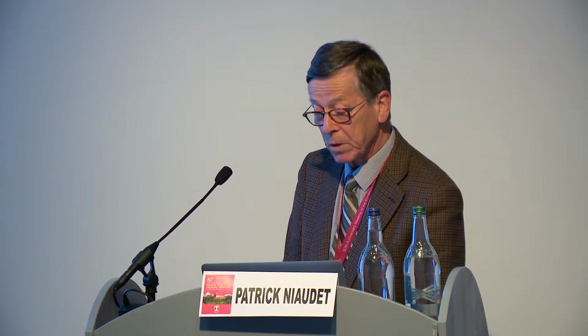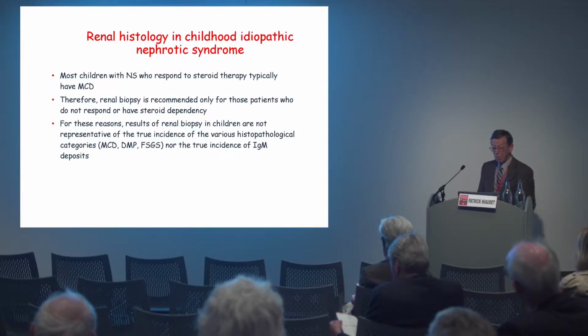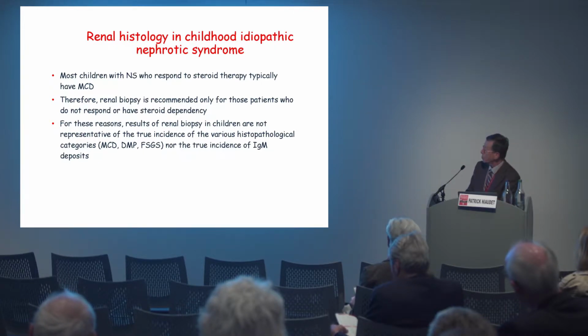And for these reasons, the results of renal biopsy in children with nephrotic syndrome are not representative of the true incidence of the various histopathological patterns, minimal change, diffuse mesangial proliferation or FSGS, or the true incidence of IgM deposits.